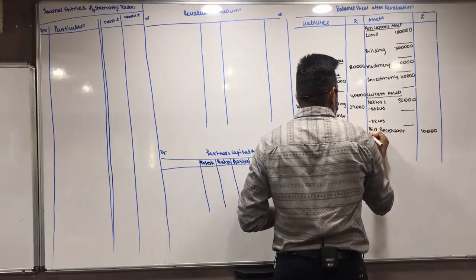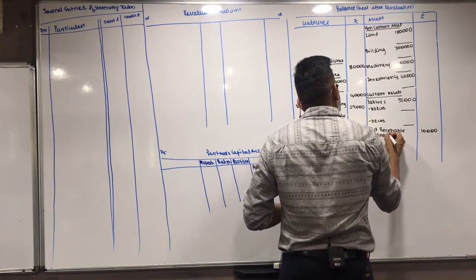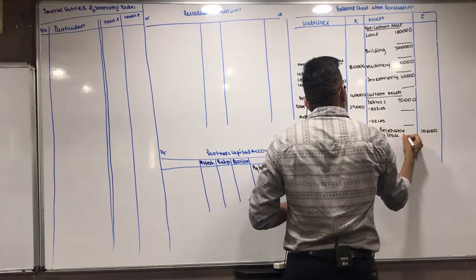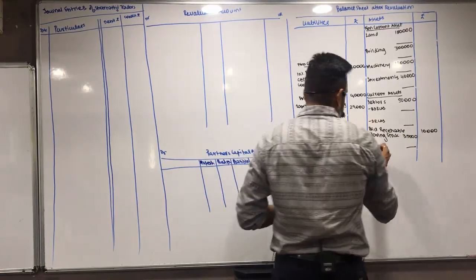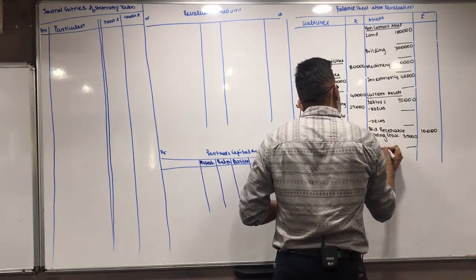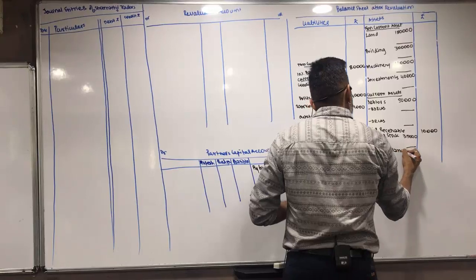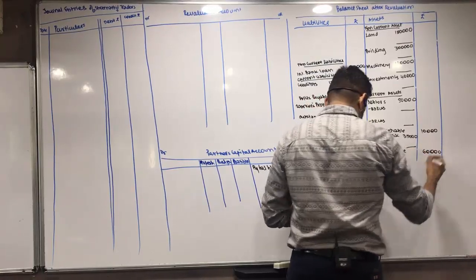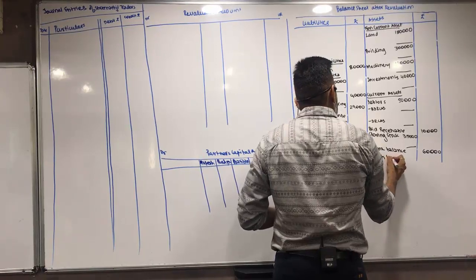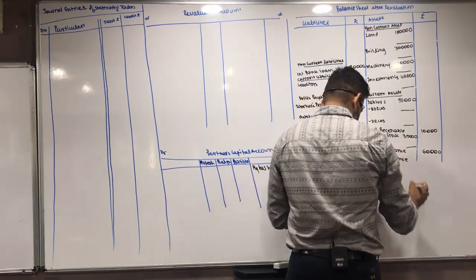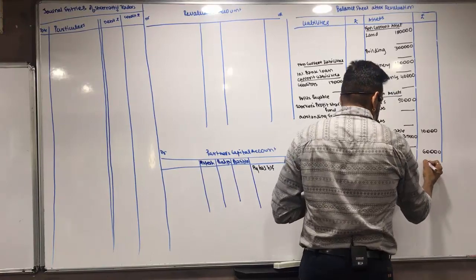Closing stock, inner column 35,000. Bank balance 60,000. Cash balance 30,000.